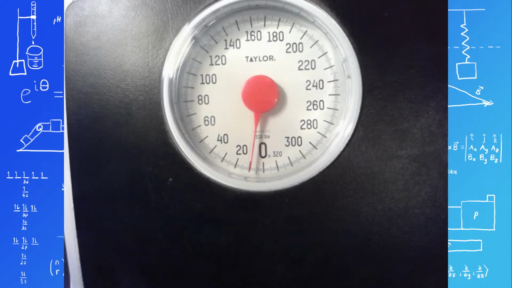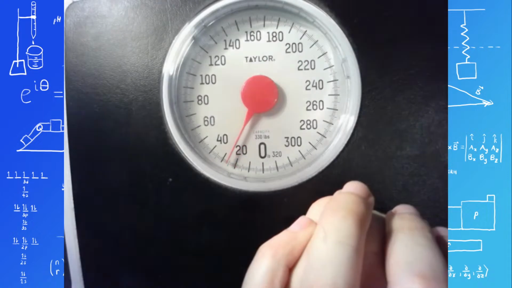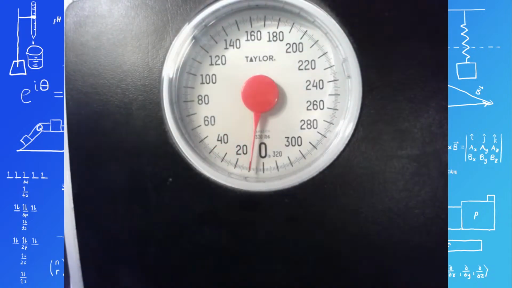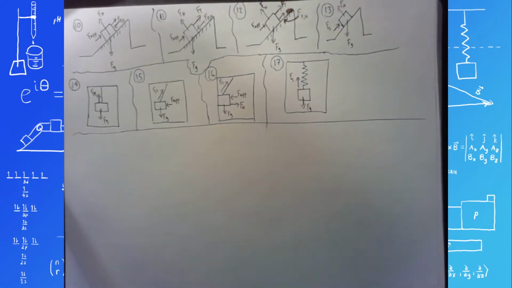You can look up the conversion factor on Google. But anyway, normal force doesn't actually have an equation. That's what I'm trying to get at here. And also, normal force does not equal weight. Those are two things that a lot of students misunderstand about the normal force.